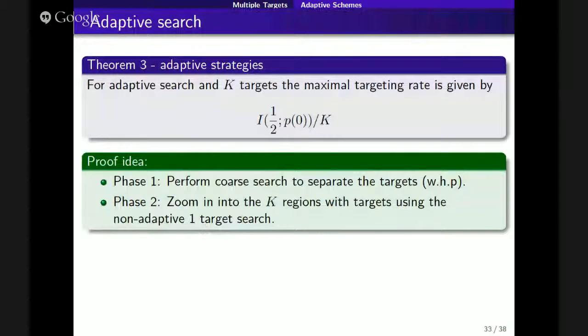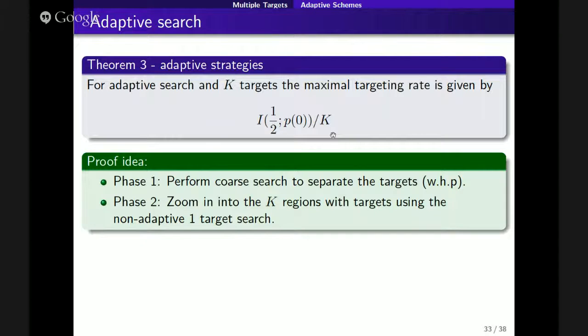Theorem 3 for adaptive search in K targets says that the maximal targeting rate is given by this expression here, which is basically the capacity of the point-to-point channel with P0 divided by K. Comparing this to the one target scenario, the rate goes down as 1 over K. If K equals 1, we're back to the single target setting. Otherwise, as you increase the number of targets, the rate goes to 0 as 1 over K.